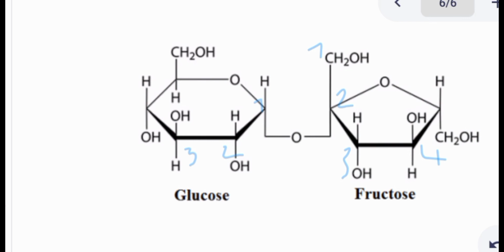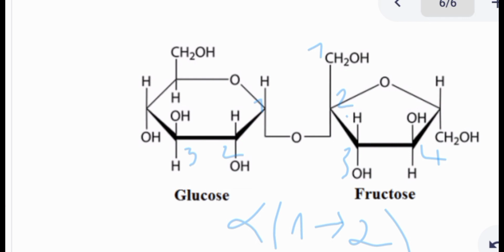So this is the alpha 1, because that's the position where the OH is from. Then 2, glycosidic bond. The 2 is the position of the OH in fructose, while the 1 denotes the position of the OH in glucose.